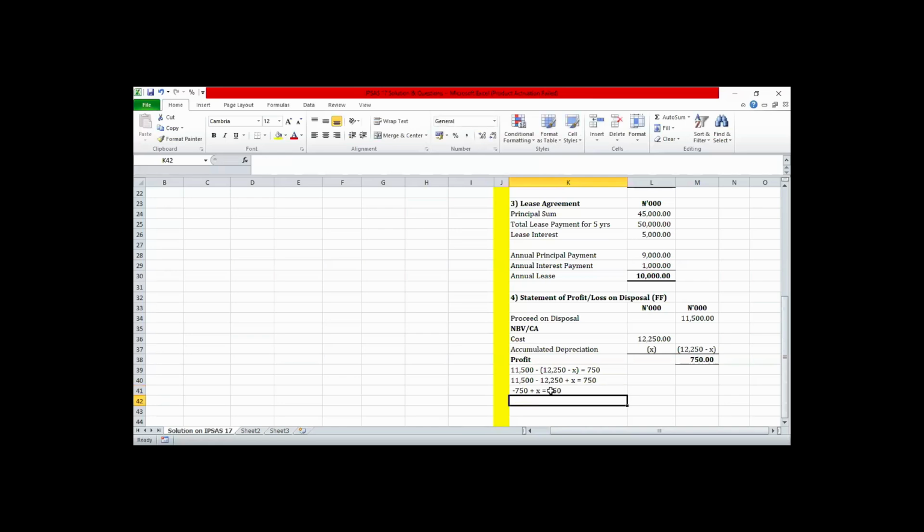Then we collect like terms. That will now be X equals 750 plus 750. X is what? X is 1,500.